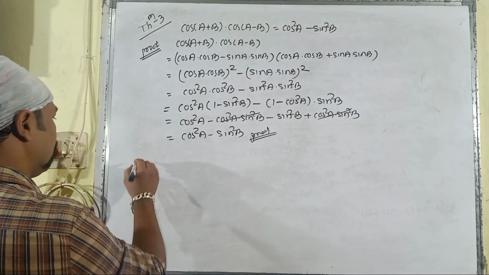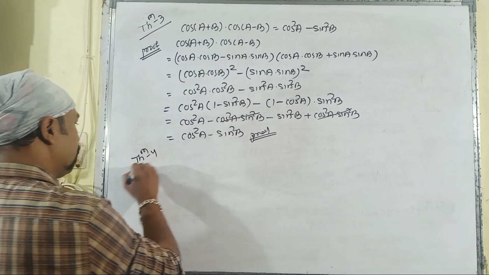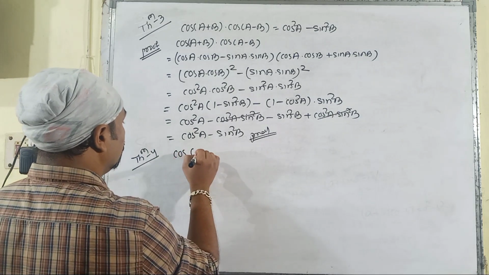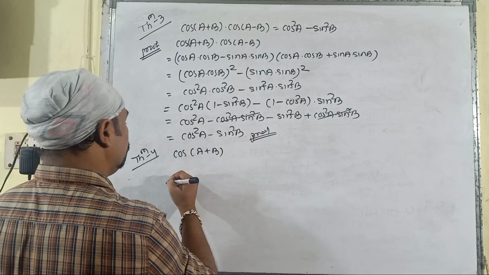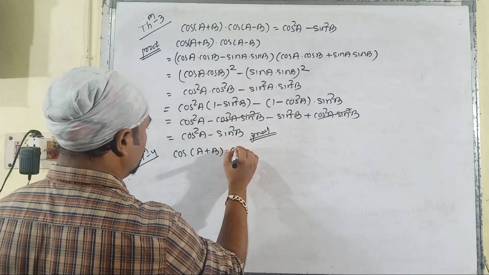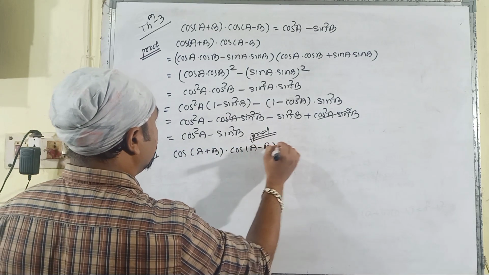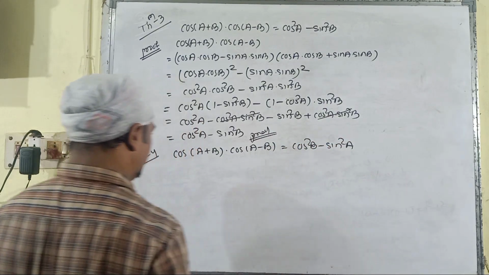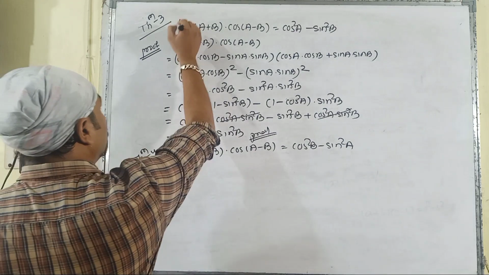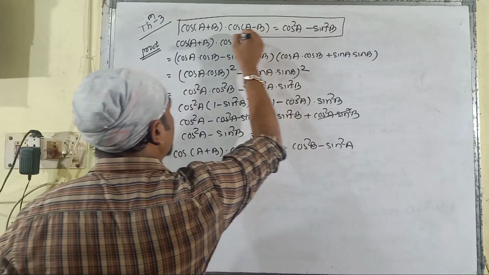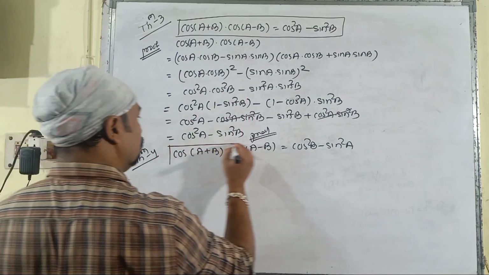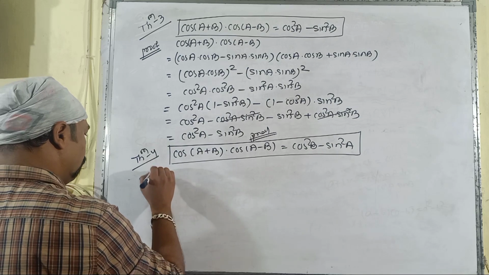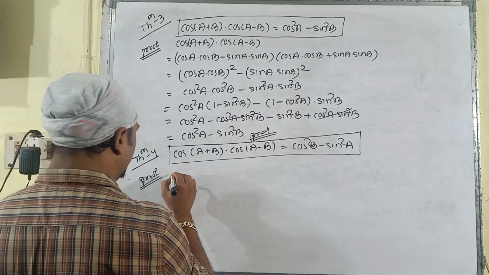Then considering theorem number 4, which is very similar to theorem number 3. We just have to prove that the multiplication of cos(A plus B) with cos(A minus B) is equal to cos square B minus sin square A. So let us go through the proof of theorem number 4.